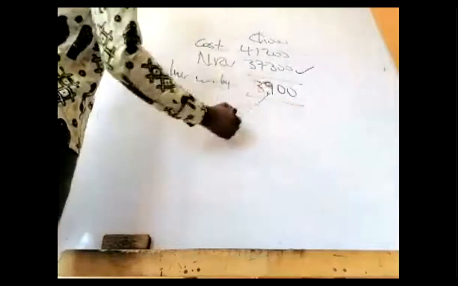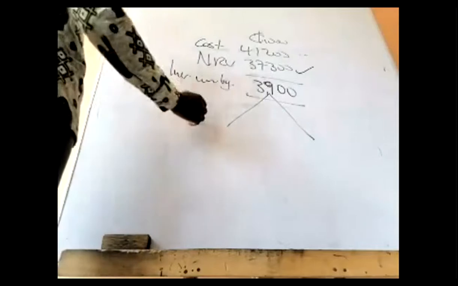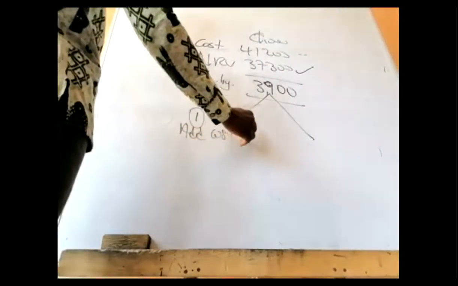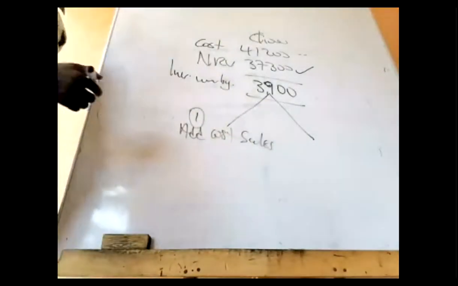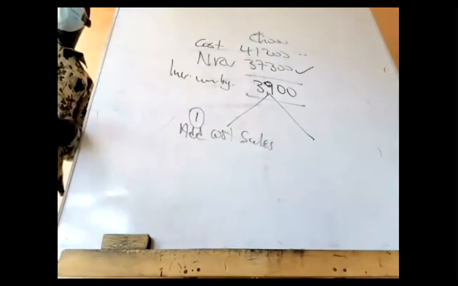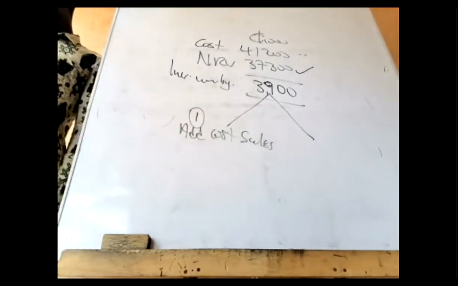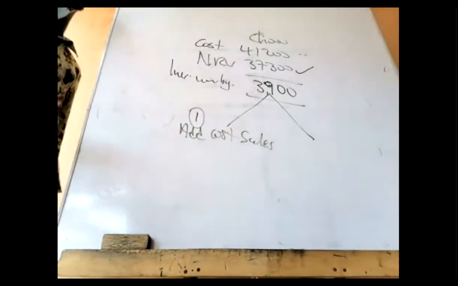What's the accounting treatment of this 3,900? Number one, add this figure to your cost of sales because it is an expense to us. We have some goods valued at 41, but if you sell them today, you get 37. So that is a cost to us. In accounting, if you see a cost coming close to you, make adequate provision.